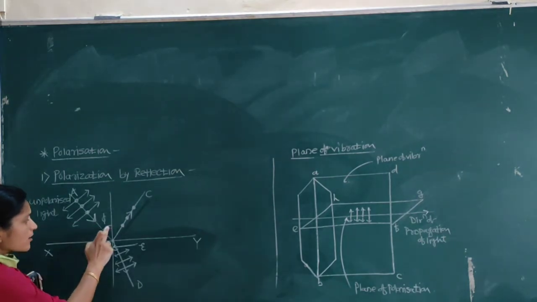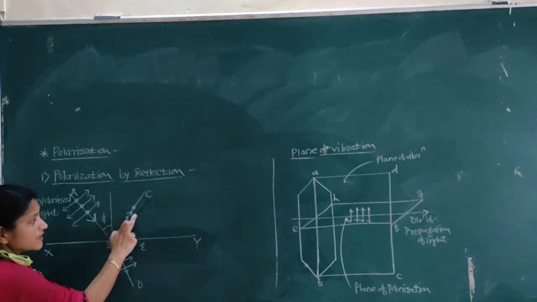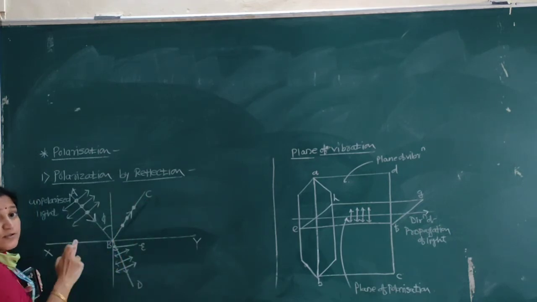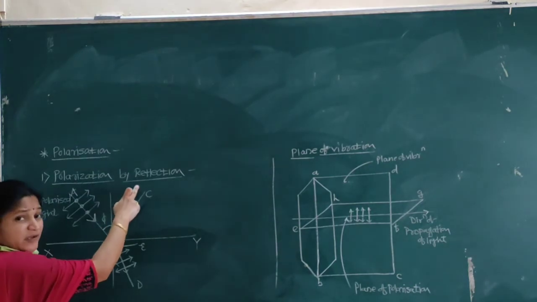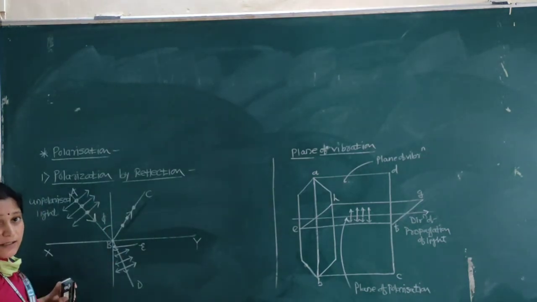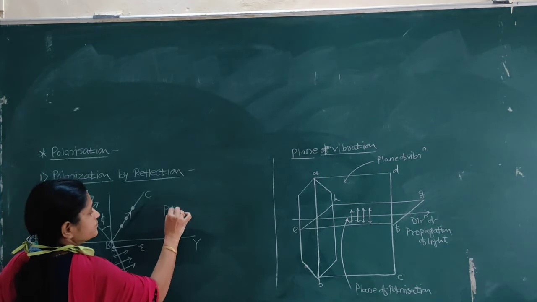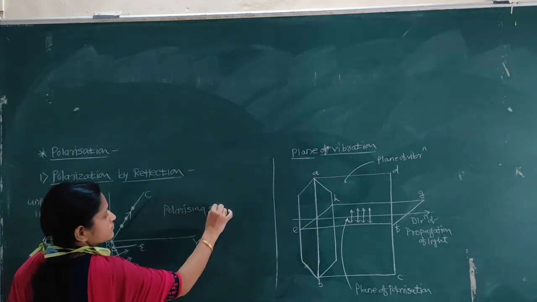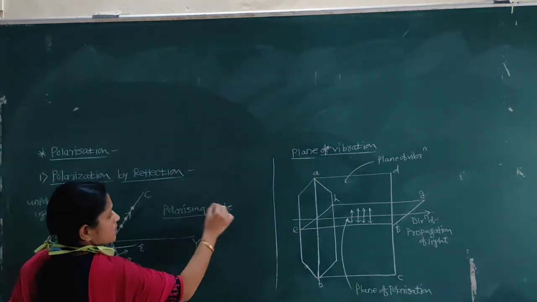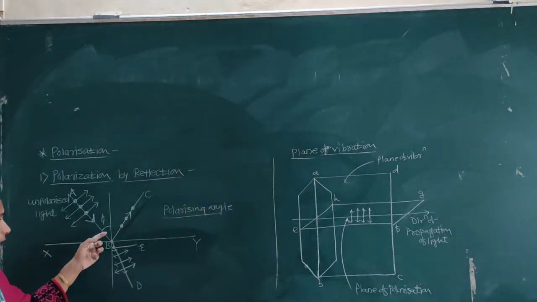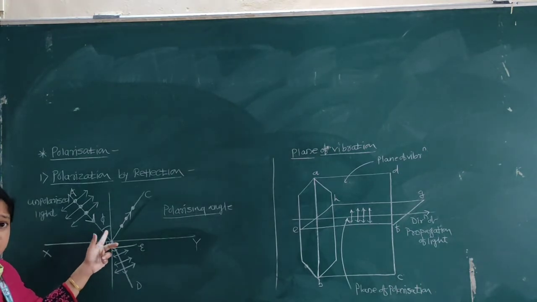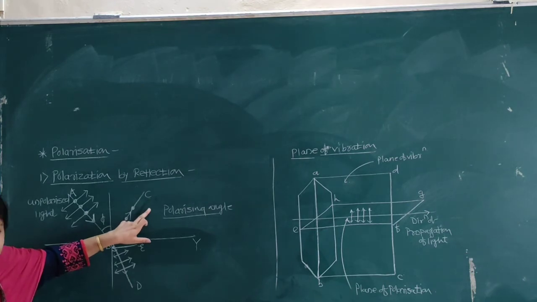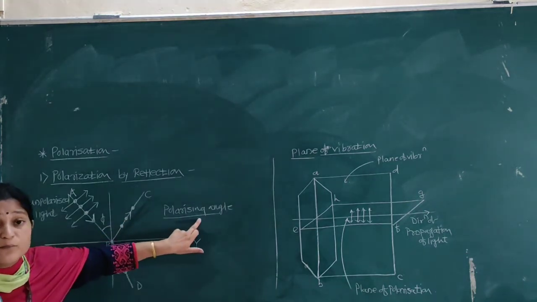At a particular angle of incidence, the reflected light is completely plane polarized, and this is said to be polarization by reflection or the polarizing angle. Understood? At a particular angle of incidence, the reflected beam is completely plane polarized, then it is said to be the polarizing angle.